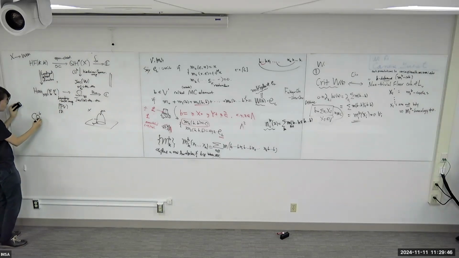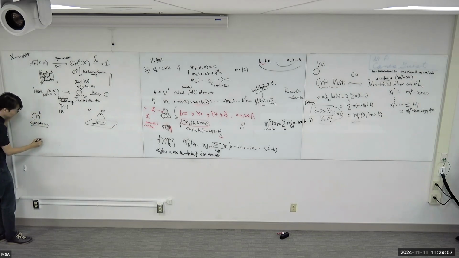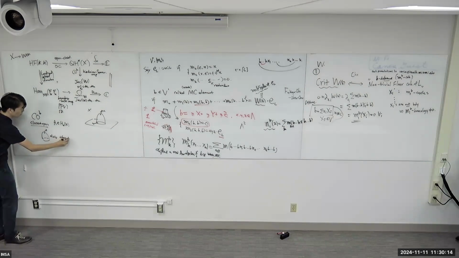So, what is CO^B? This is the closed-open map but with decoration B. The closed-open map itself is something like this. Suppose you have some homology class of X, and you look at disks intersecting A and then output.